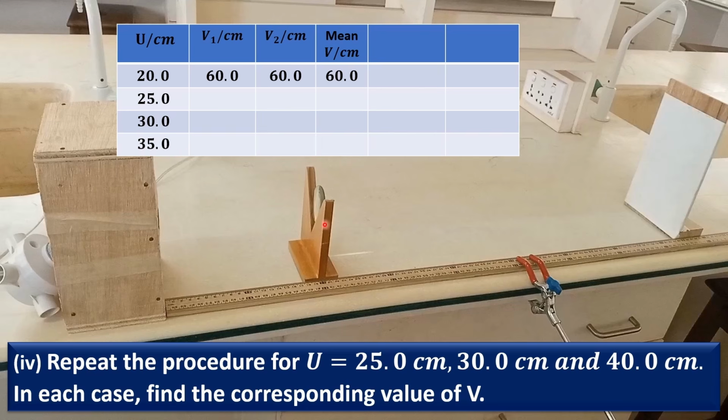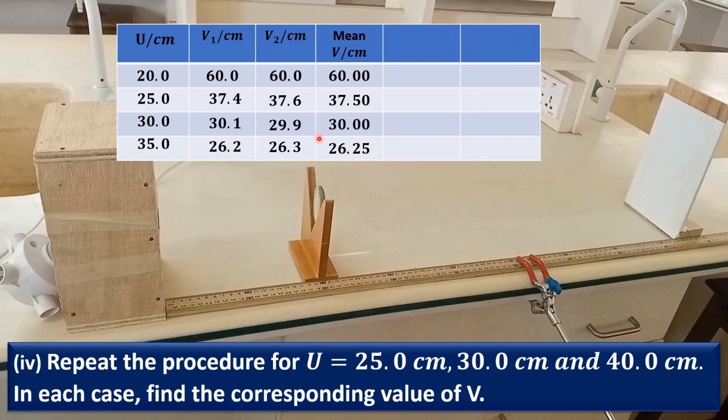So we are going to move the lens to 25 centimeters from the box and then move the screen to receive a sharp image, and then determine the value of V. Repeat it for 30 centimeters, 35 centimeters, and then find another value for 35 centimeters, 30 centimeters, 25 centimeters, and then find the average of the two values.